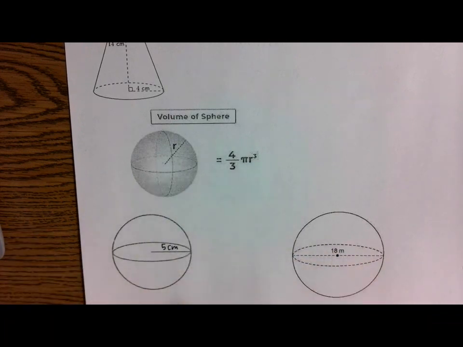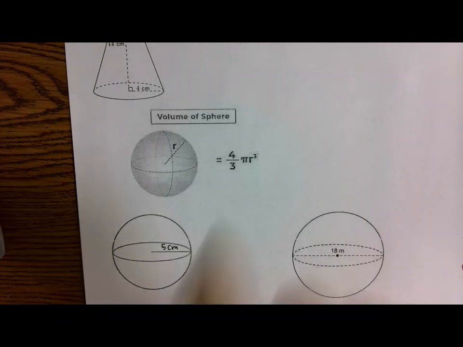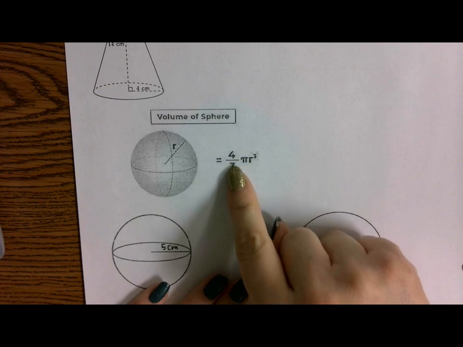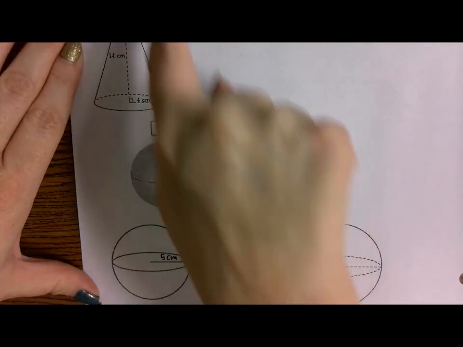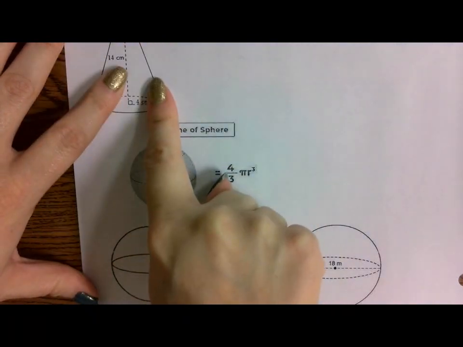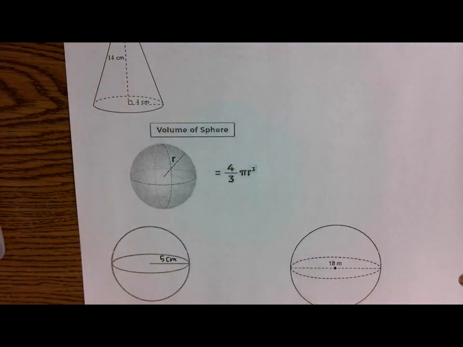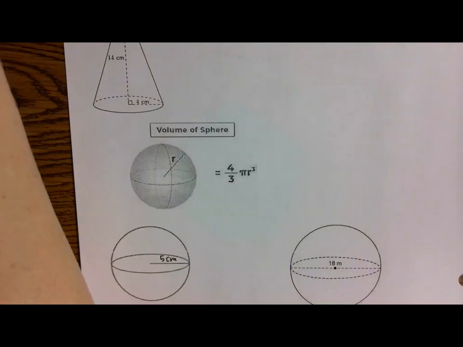R cubed, because r squared is area, but we're focusing on volume, and we really don't have a height here. There isn't a height measurement. So you do it to the 3rd power. So 4/3 pi r cubed. What I want you to do is the cylinder, the cone, and these 2 sphere problems on your own using those formulas.